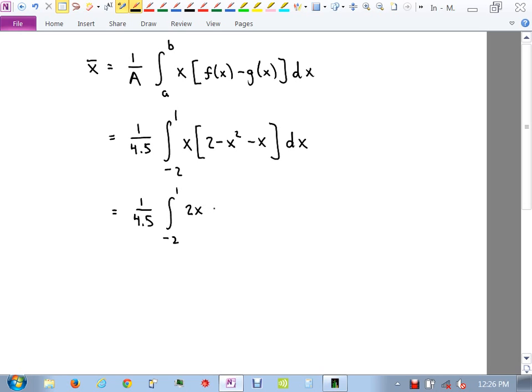So 2x minus x cubed minus x squared dx. This turns out to be 1 over 4.5 times, when you do all that, you should get negative 9/4. That's what that whole integral is, negative 9/4.